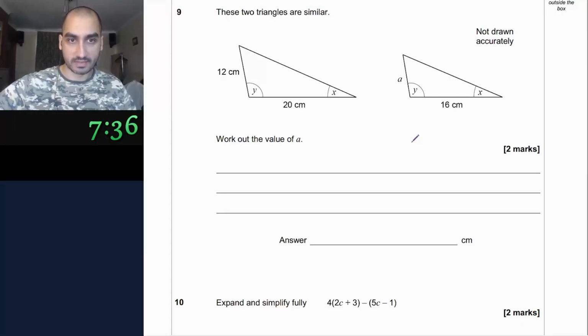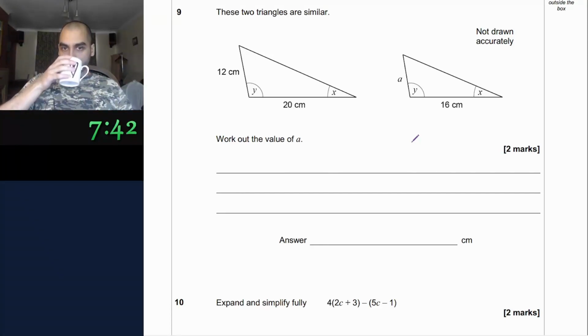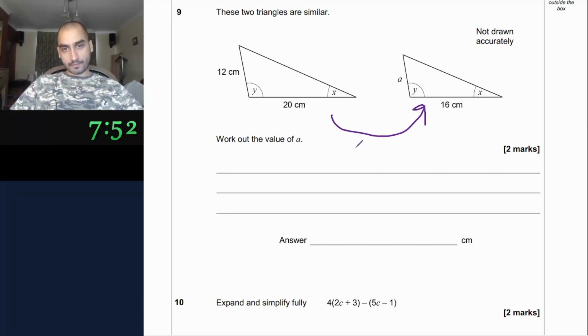These two triangles are similar. Work out the value of A. Okay, so basically it goes down by a factor of 16 over 20, equals 4 over 5.